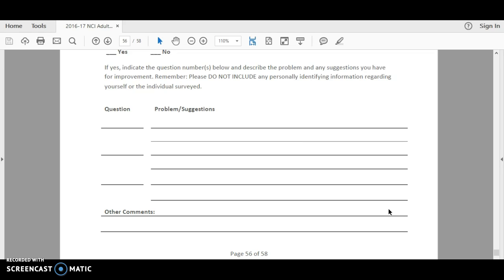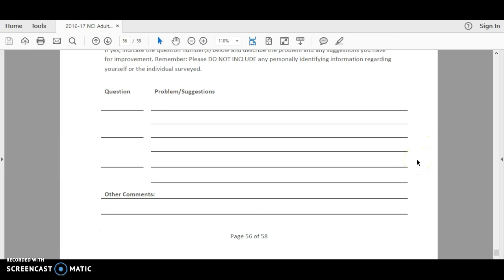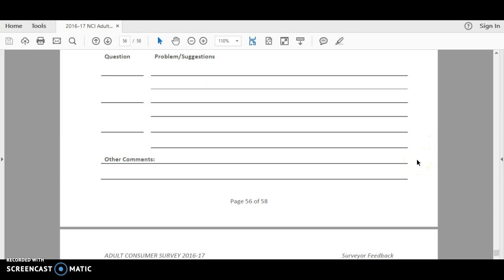If you think that something is totally missing from the survey, that's what we're looking for here. And we do take these questions and comments very much under advisement as we look at making tweaks to the survey each year.